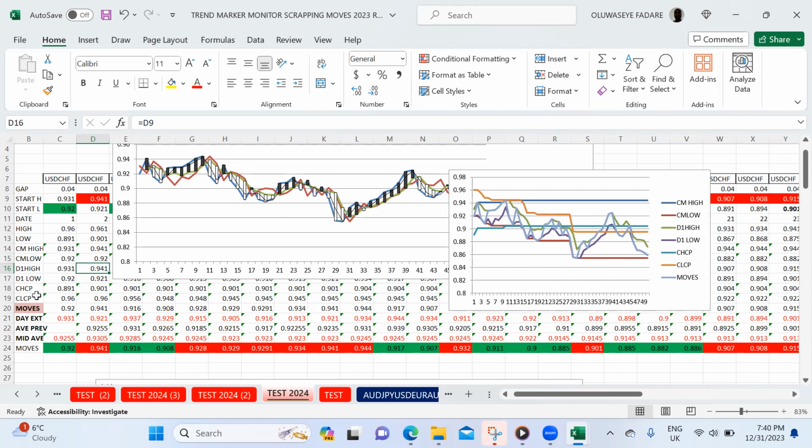The CHCP, the current high control point, measures a price range from the cumulative high to the control point, as you can see here. So it's the gap, the distance between this point and this point. While the CLCP, the cumulative low control point, measures a risk between the lowest point and that position.